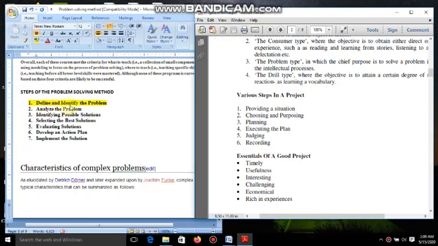First identify and define the problem, now analyze the problem.